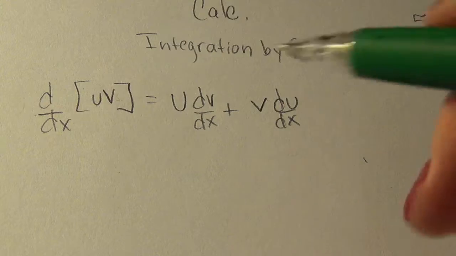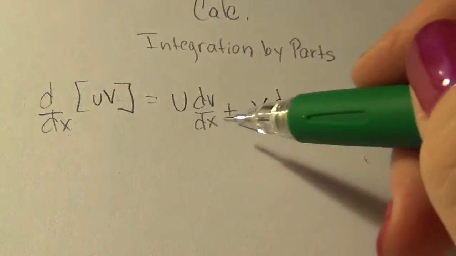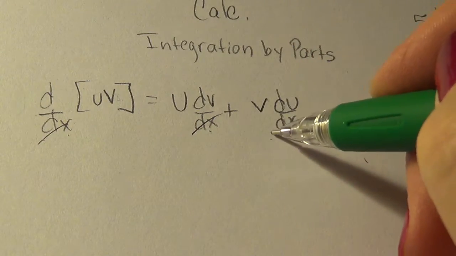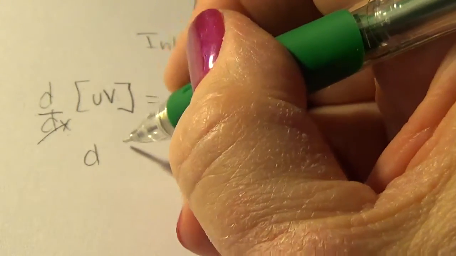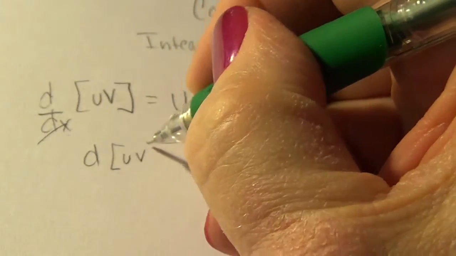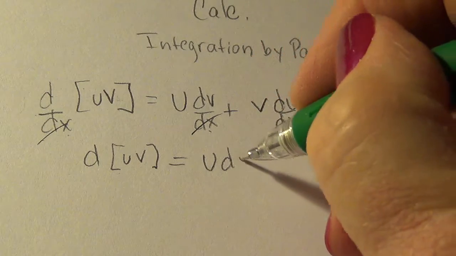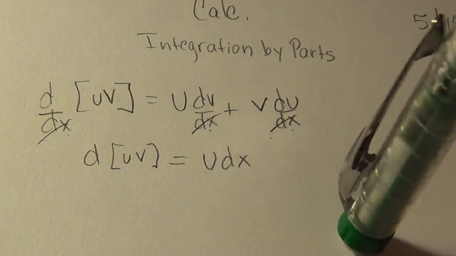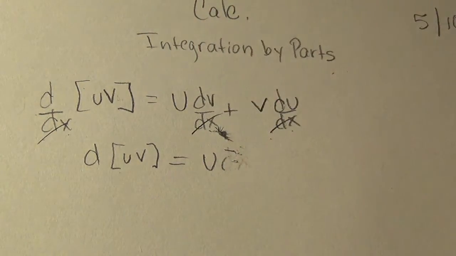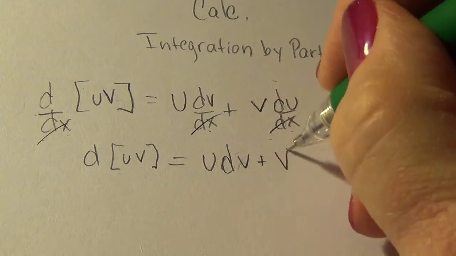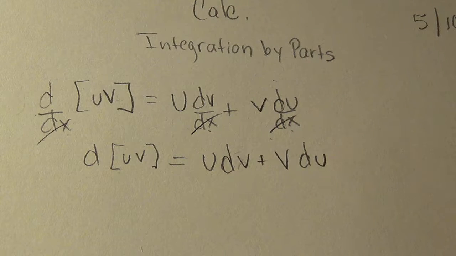Alright, so I'm going to multiply through as if the dx was an algebraic quantity and just leave off that. So I'm going to have the differential of uv equals u times the differential of v plus v times the differential of u.